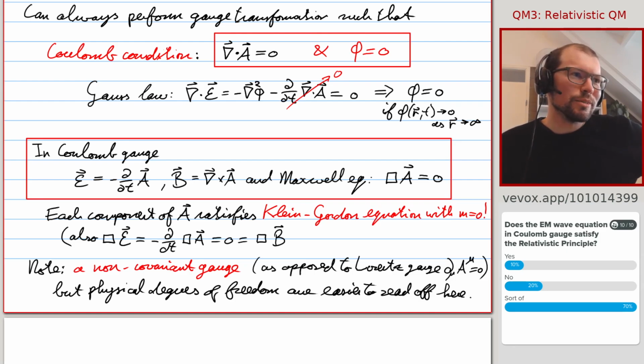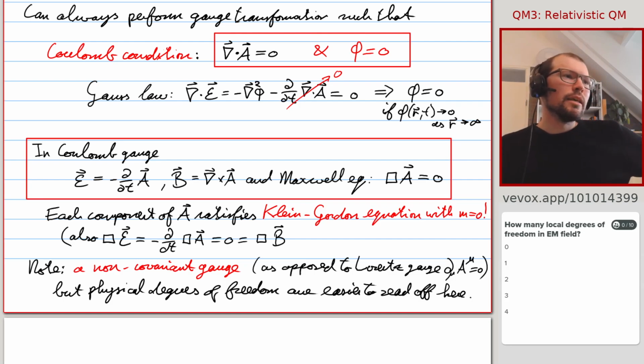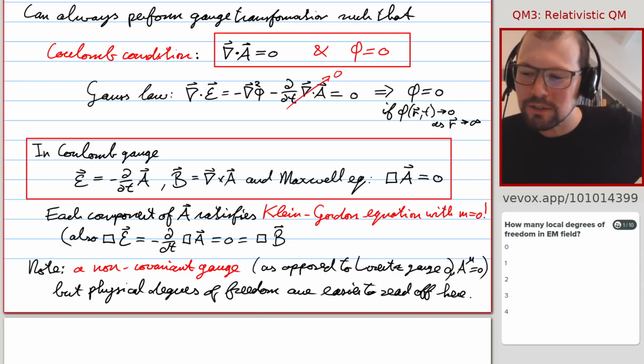Let's do another poll. We're doing well. So how many local degrees of freedom are there in the electromagnetic field? Well, either based on what you know, or based on this discussion.